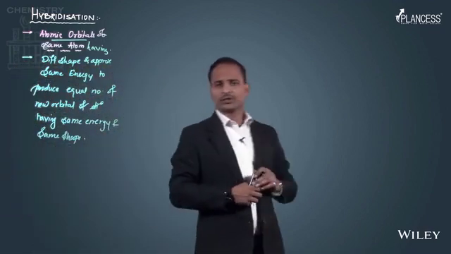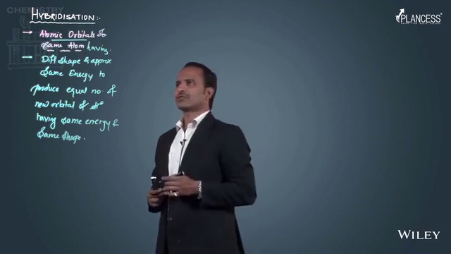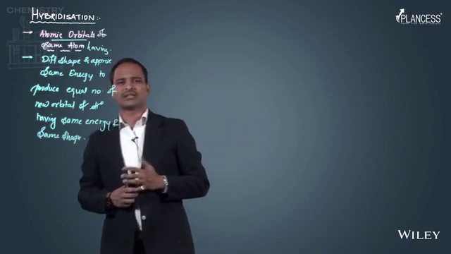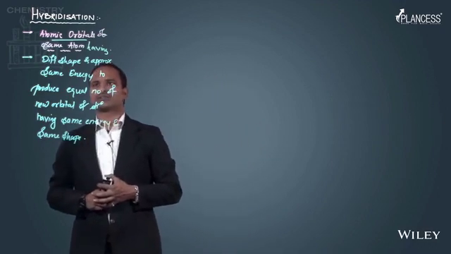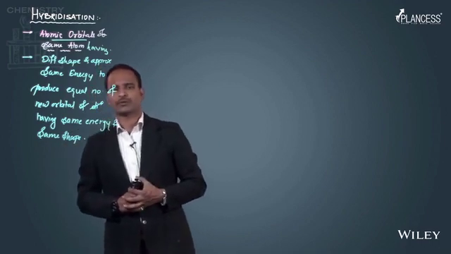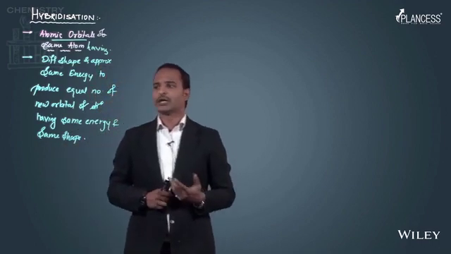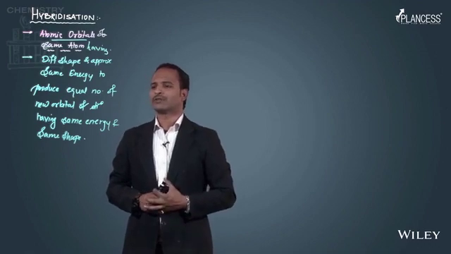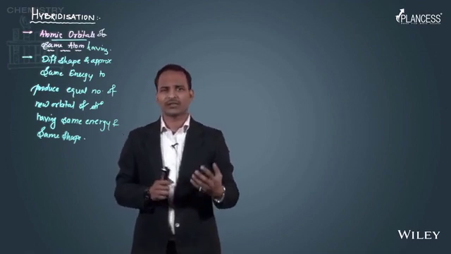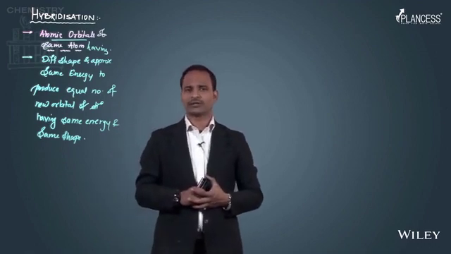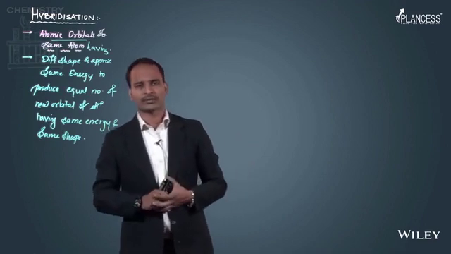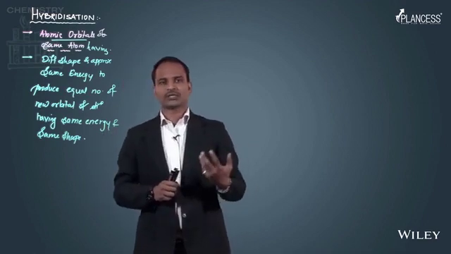Okay, so this is the definition of hybridization: a mixing and recasting of the atomic orbitals of the same atom having a different shape and approximately the same energy to produce an equal number of new orbitals having the same energy and same shape, and properly oriented in a direction. Now what is hybridization in simple words?